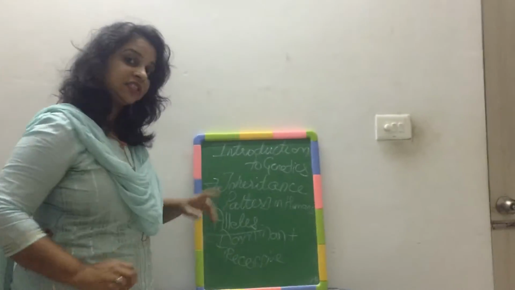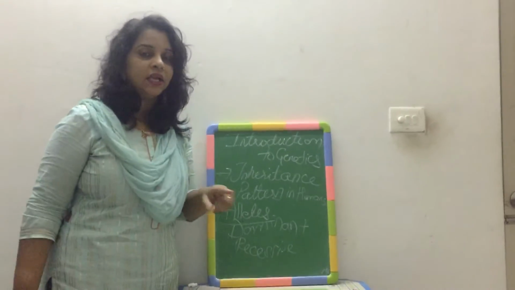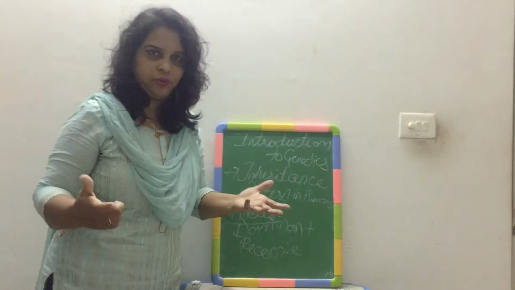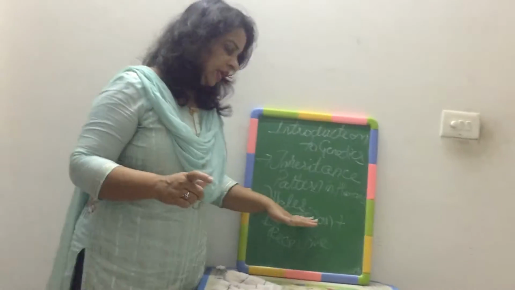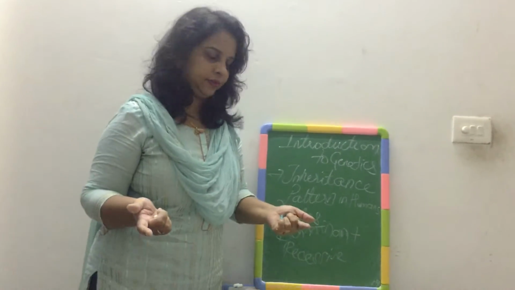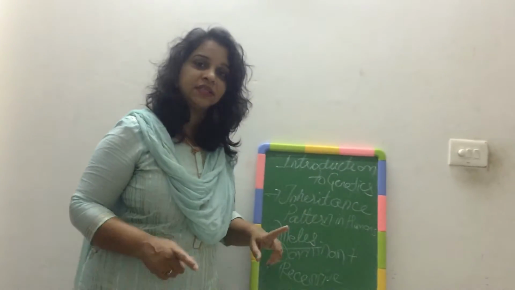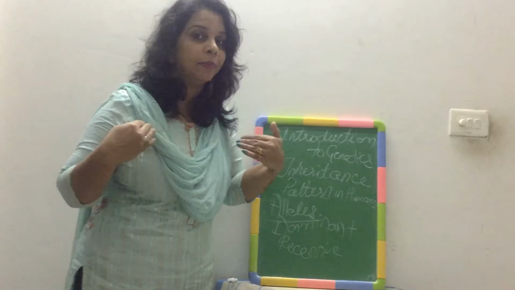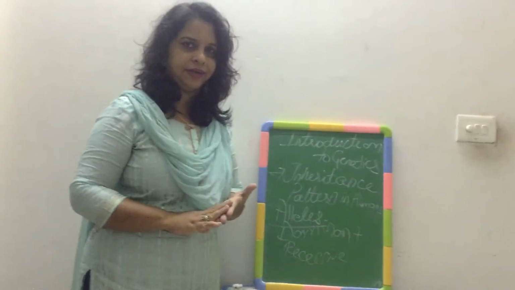The name indicates it: dominant is that type of allele which is very powerful and expresses its character, whereas recessive is that allele which is suppressed and not able to express its character.